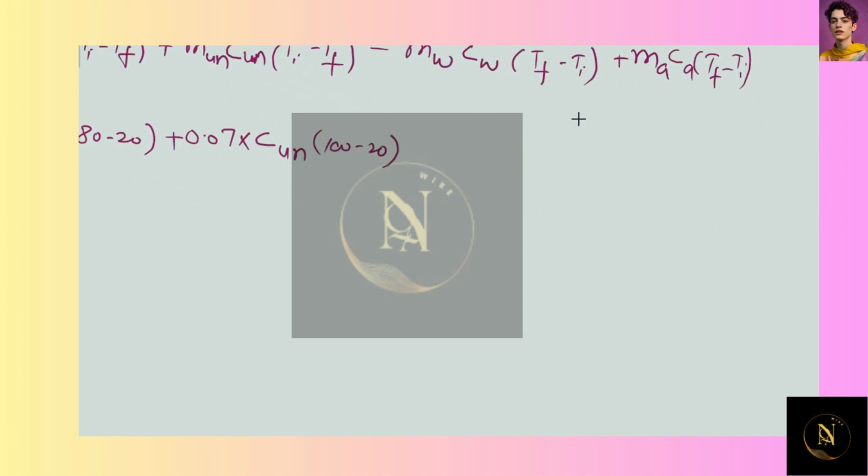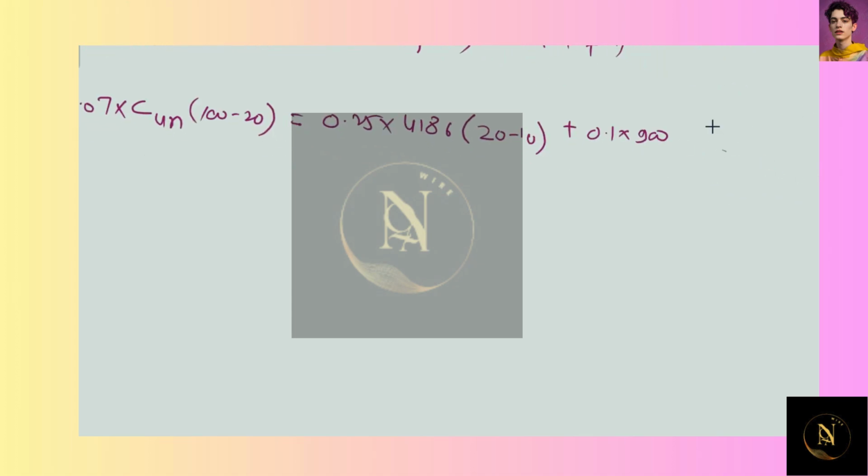For water the mass is 0.25, times 4186, times the temperature difference of 20 minus 10, plus for aluminium 0.1 times 900 times 20 minus 10.